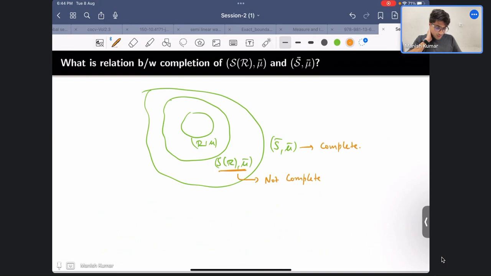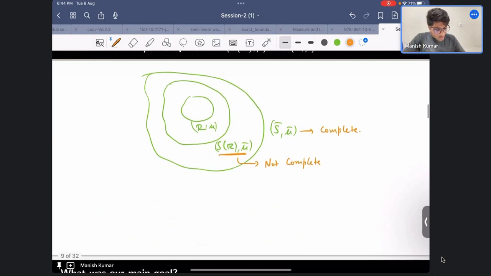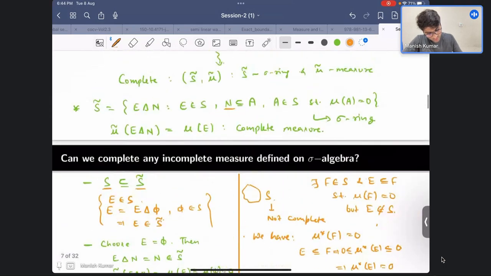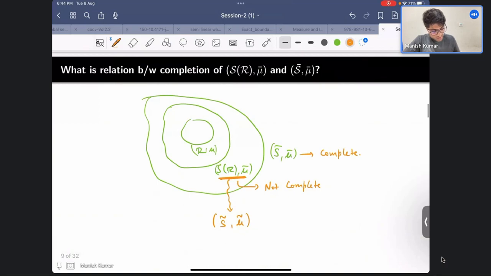Now you can try to complete this to get S tilde, mu tilde. I can start with this, and using this type of defining S tilde and mu tilde, I can get this extension, right?